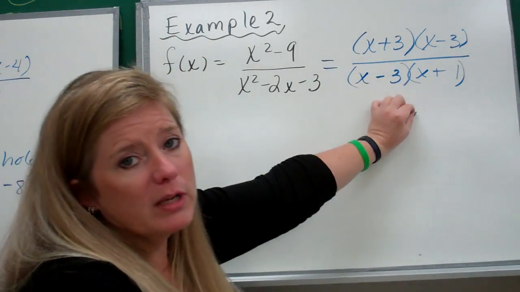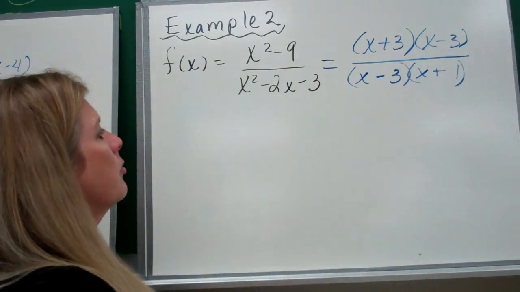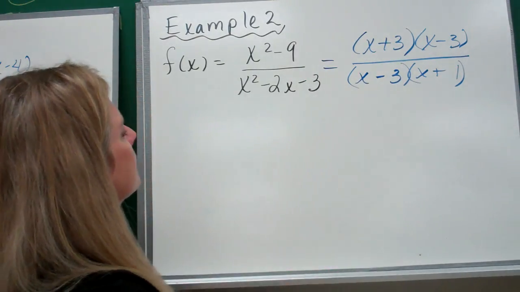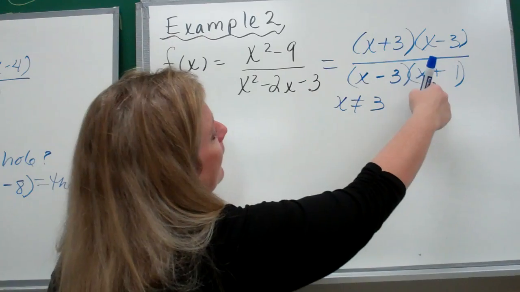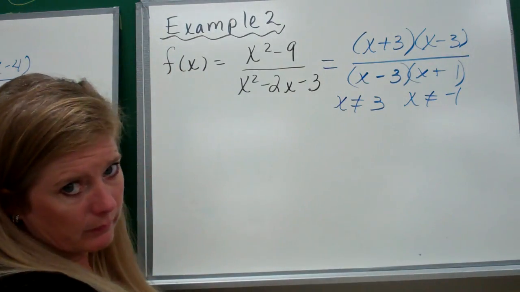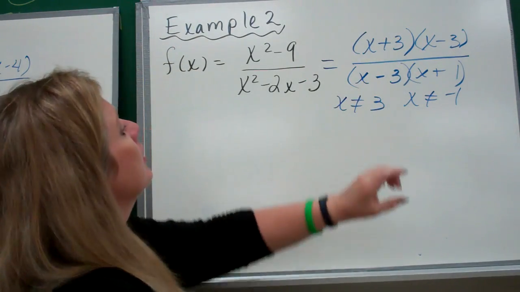Before we cancel, let's look at the denominator and decide about your points of discontinuity. What can x not equal? x cannot equal 3, and x cannot equal negative 1. These two are points of discontinuity in the graph.